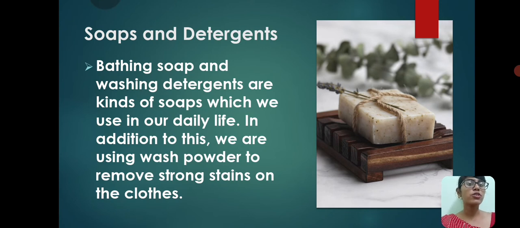If you have seen, you would have seen your mom putting clothes inside the washing machine, right? When your mom puts clothes inside the washing machine, she adds some amount of washing powder to it in order to remove the dirt or any other stains which are there on the clothes.